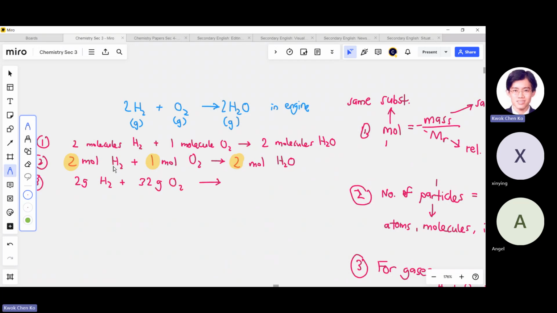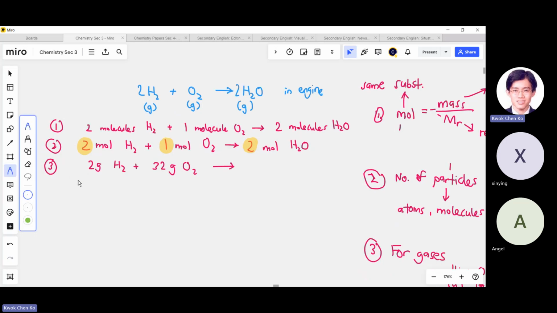You give me 2 moles of water. What's the mass for 2 moles of water? 36. Is it 36? Did I miss out something? Yes, I missed out something in front. 4 grams of H2. Be careful, I mentioned 2 moles of H2, right?